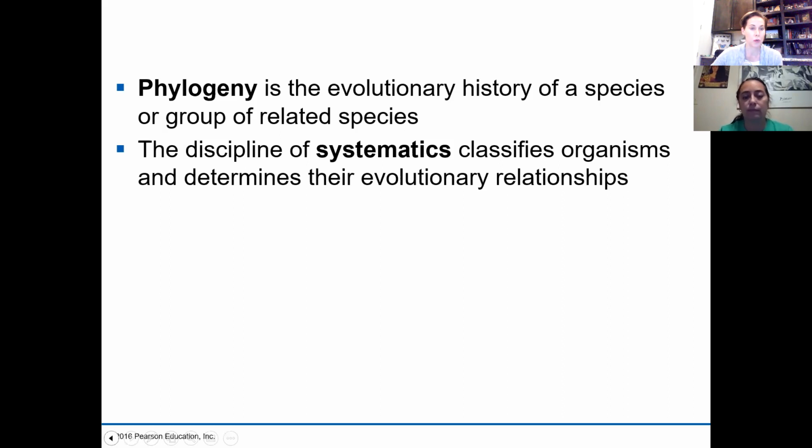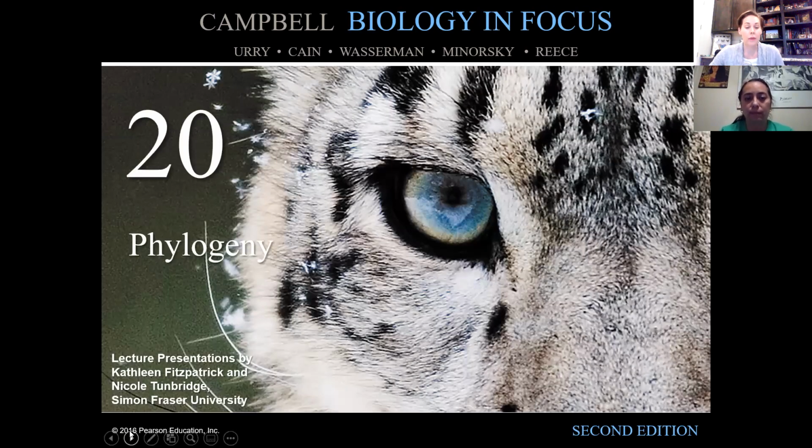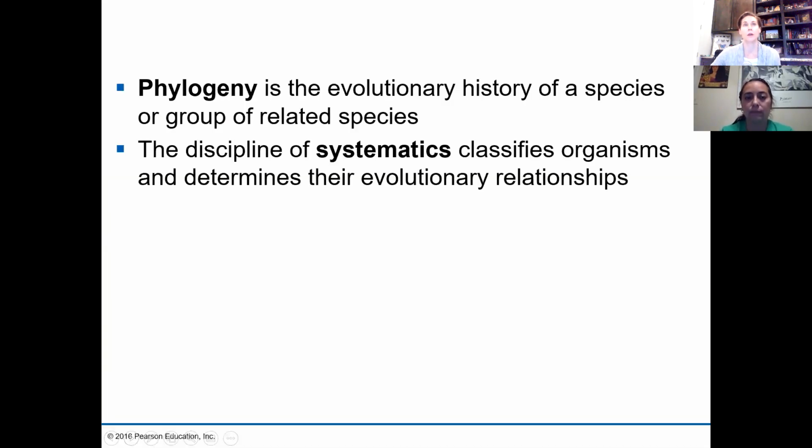So chapter 20 is all about phylogeny, which is the way that we figure out the evolutionary history of species and how we can use phylogenetic trees to determine where common ancestors are, who is more closely related to us or certain species, and why that is.